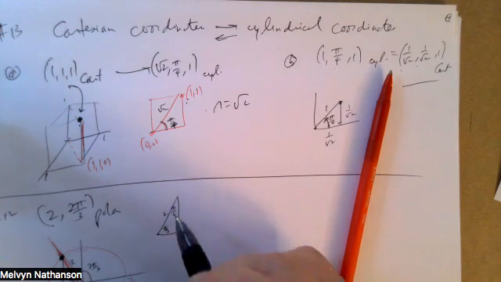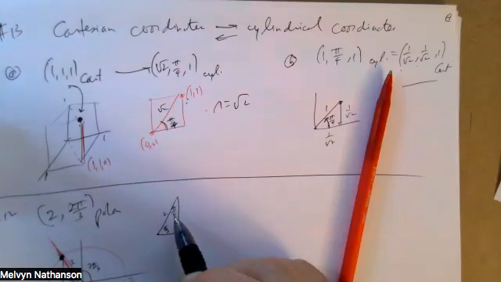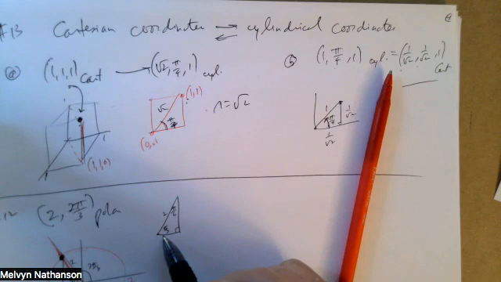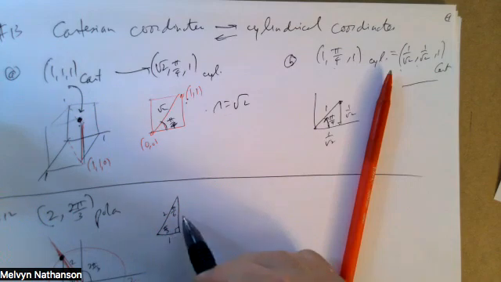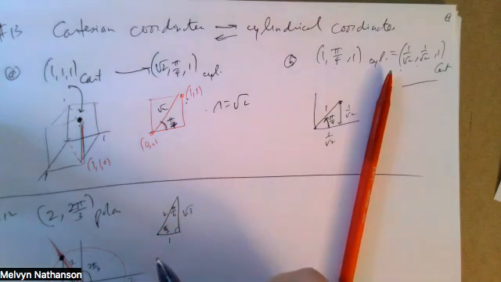You have to know the sine and cosine of pi over 3 and pi over 6. If you have a right triangle with an angle pi over 6, the opposite side is half the hypotenuse. So if this is 2, this is 1. And this squared plus 1 is 2, so this is the square root of 3.